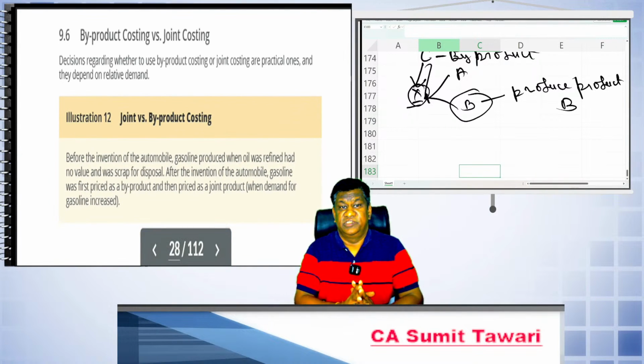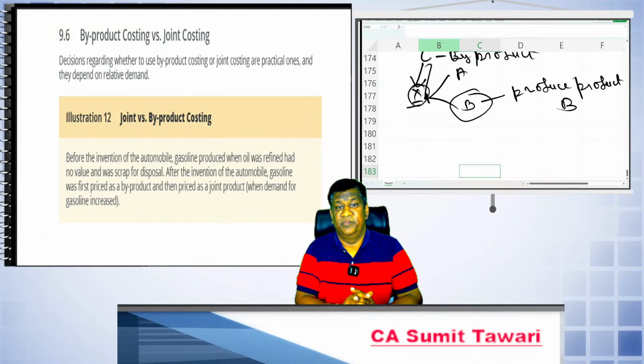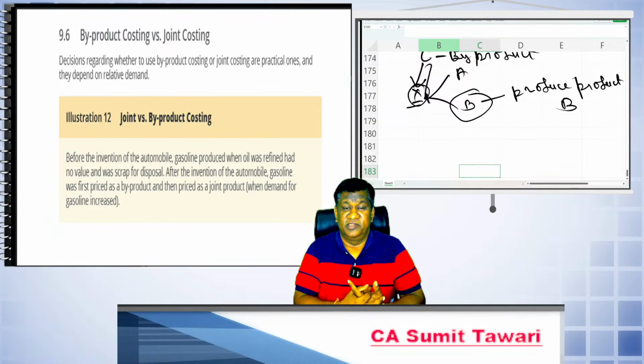Then byproduct costing: as we already discussed, whatever may be the byproduct or joint product, it depends on the relative demand. Before the invention of the automobile, gasoline produced when oil was refined had no value and was scrap for disposal.